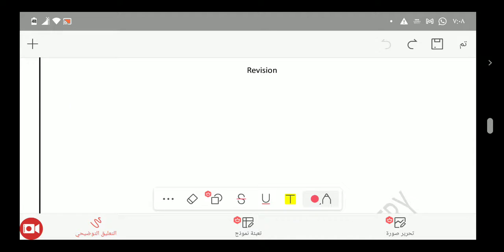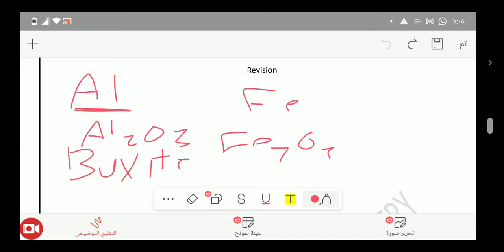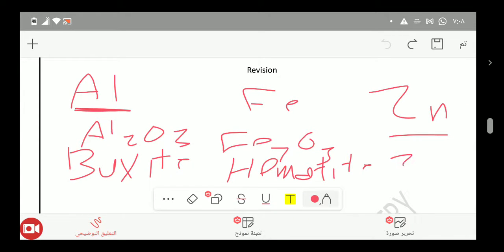For example, aluminum is found as aluminum oxide, Al2O3, which is called bauxite. Iron is found as Fe2O3, iron oxide, hematite. And zinc is found as zinc sulfide, called blende.